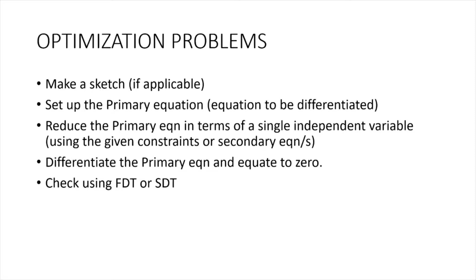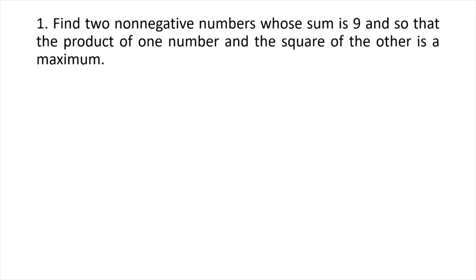Now let's solve some problems. Number 1. Find two non-negative numbers whose sum is 9, and so that the product of one number and the square of the other is a maximum. We can define the first number as x and the other number as y.